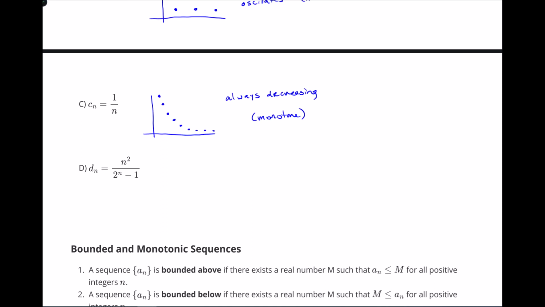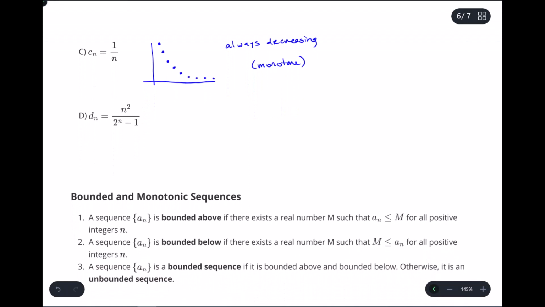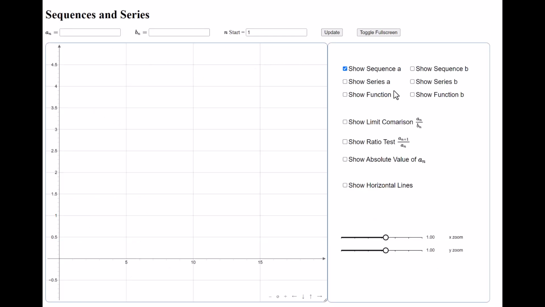If you're unfamiliar with the function, you might need to rely on some sort of technology to draw the graph for you. So let's do that here. In this example, we had the sequence n squared divided by 2 to the nth power minus 1.